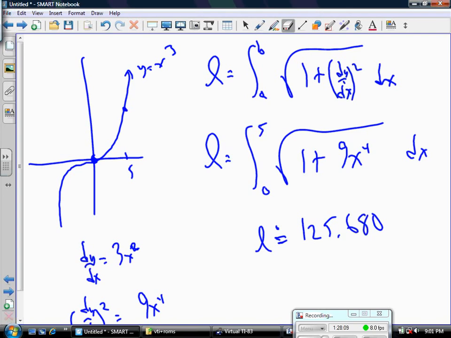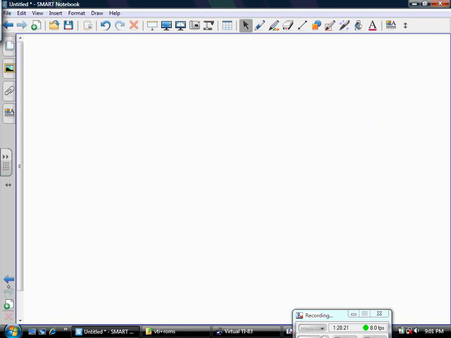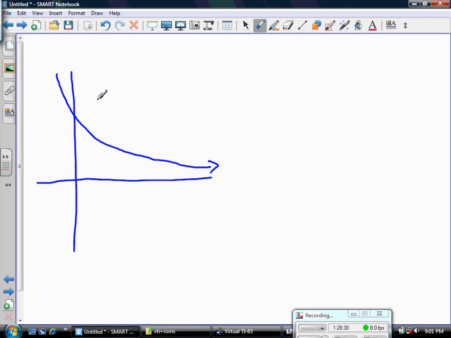All right, let's revisit the question from a moment ago. Remember the Gabriel's horn thing? What's the arc length? What is the length of the horn? We said it was infinite. Is it really? Let's find out. Remember the setup. It's y equals e to the negative x.